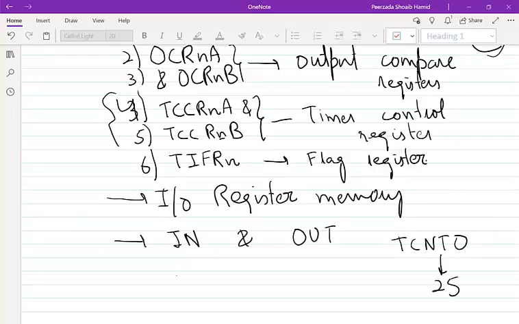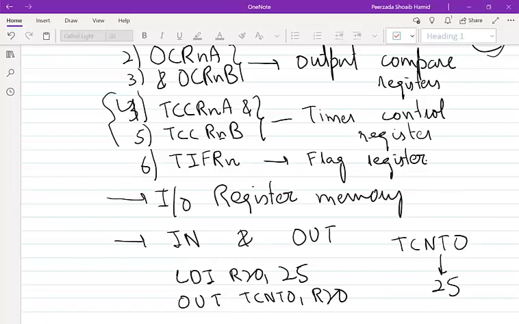So I can basically write LDI R20, 25, then I will out this value, OUT TCNT0, R20. So my timer counter register of timer 0 will get value 25, and if I need to read a value, I will use the instruction in, which we have already discussed.